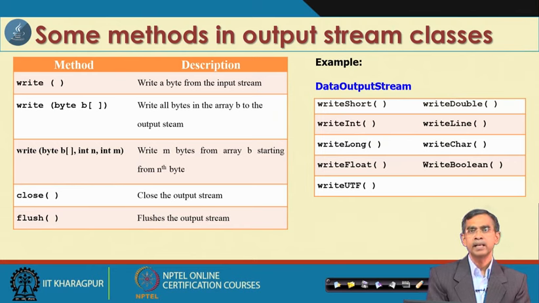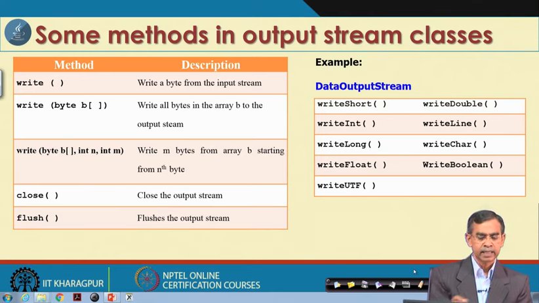Write byte b basically says how an array of bytes can be written into an output destination. Write byte b, int n, int m basically says how m bytes from the array b, starting from n, can be pushed into an output destination.